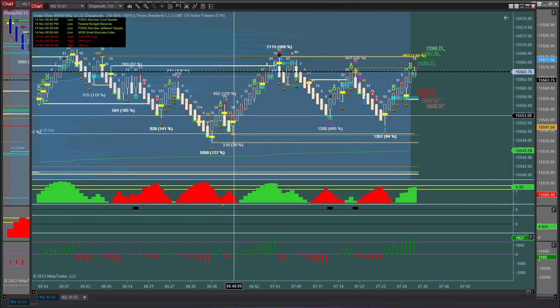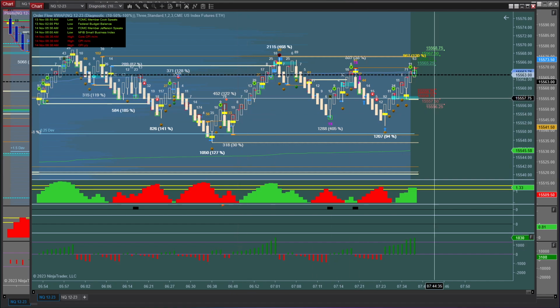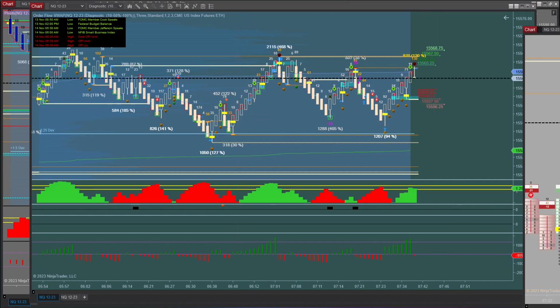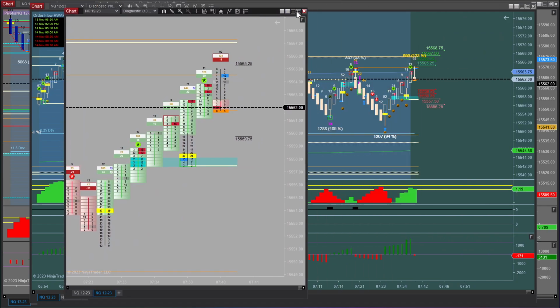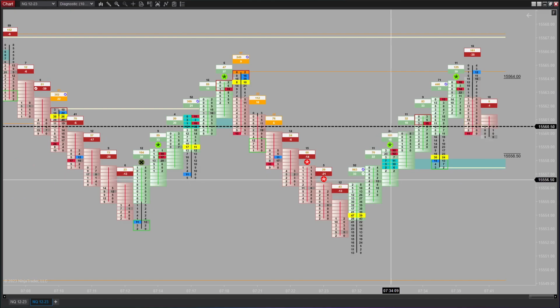But if this closes, you start this bar and it only goes up, there's no orders down here, which is represented. I'll bring this chart back over. I guess it's easier to see by just empty cells here.